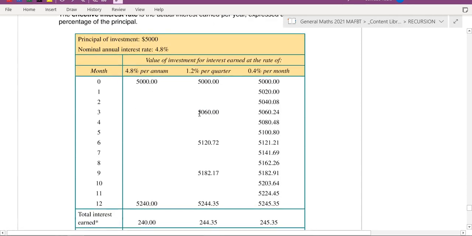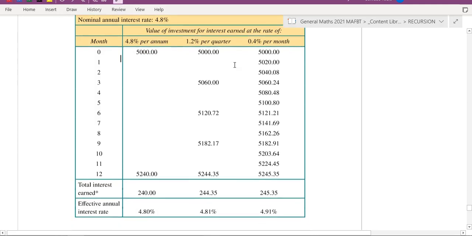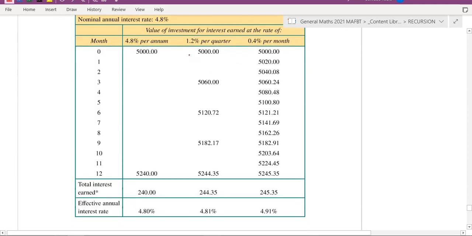So for example here, if you're trying to make an investment of 5,000, and the nominal rate is 4.8, and it's being compounded quarterly, that 4.8 divided by 4 is going to be 1.2% per quarter, or if it's per month, it's 0.4%, so it's 4.8 divided by 12.